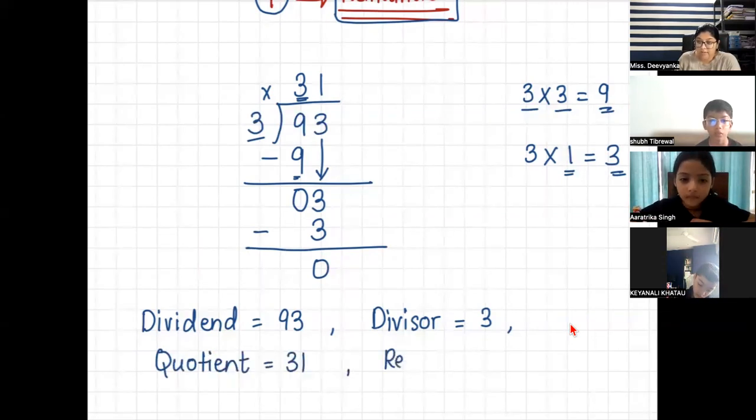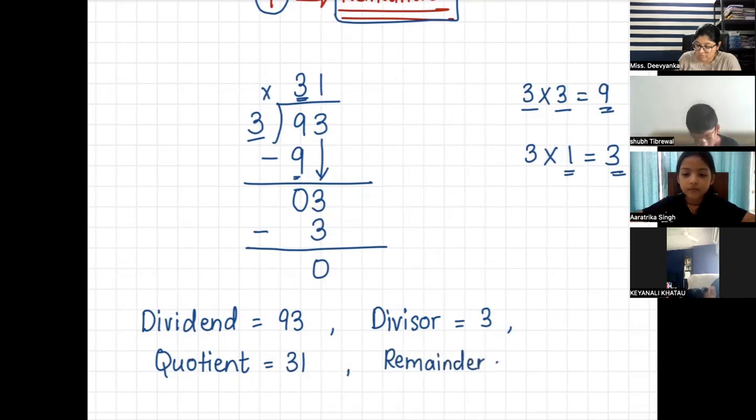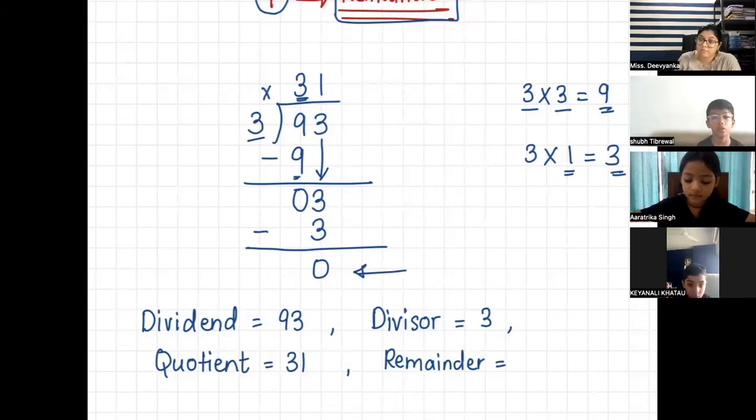And what's the remainder here, Aratrika? What is the remainder? Remainder is the last number that remains here. Remainder is equal to 0. Okay? Understood? Write this question.